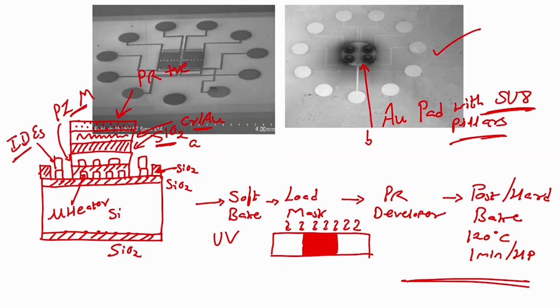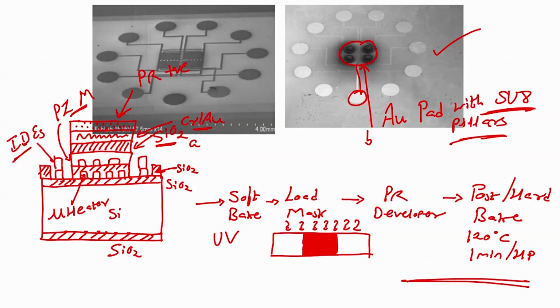So, if you perform this process flow, you are getting a gold pad, this circular gold pad you can see right over here, which is connected here and here. Below this gold pad there is an insulating material which is SiO2, below the insulating material there is a piezoresistive material, below the piezoresistive material there are interdigitated electrodes, below the interdigitated electrodes there is another insulating material, below that insulating material there is a micro heater, correct.